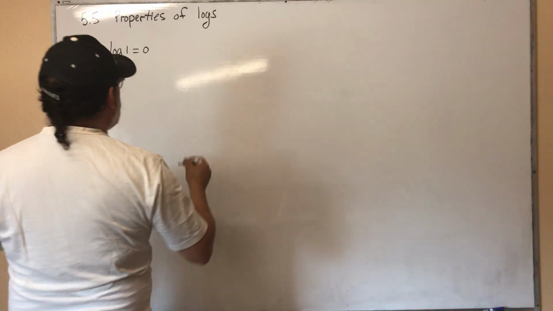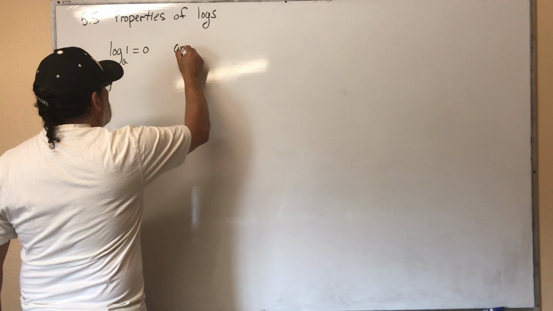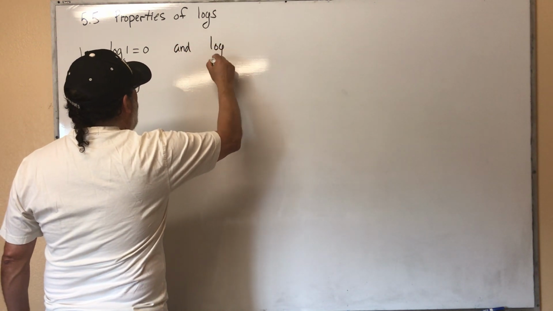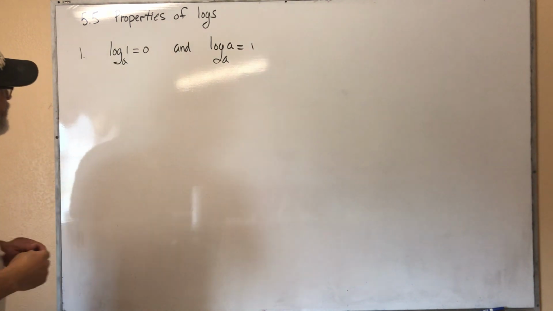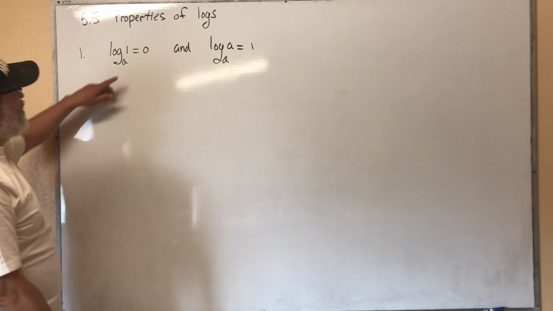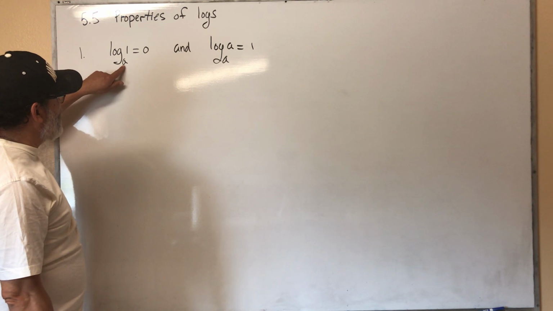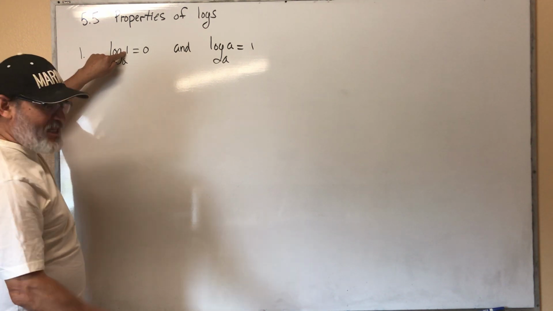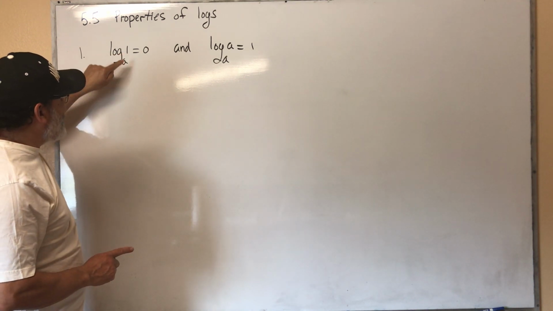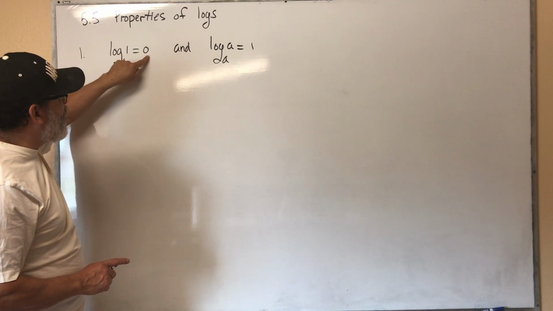And log base A of A is 1. Okay? So what they're saying is, no matter what the argument is, no matter what the base is, if the argument is 1, for any base, the answer is always 0.